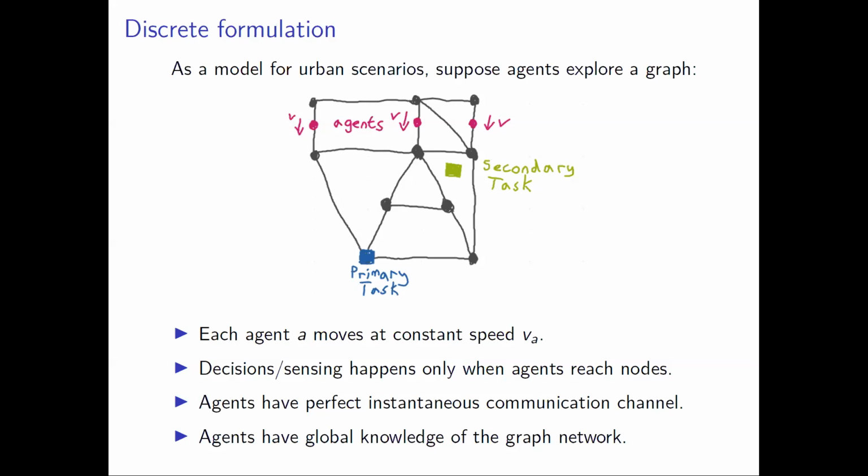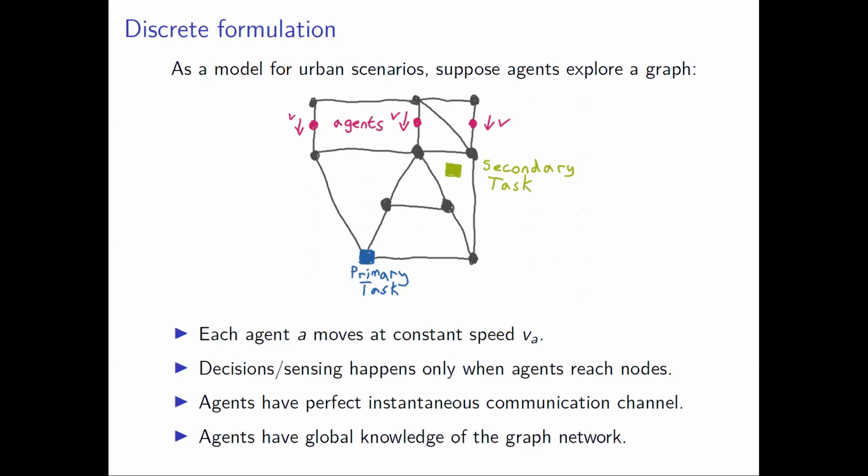The natural way to do that is to set it up so that everything happens when agents reach nodes. There's a finite time for an agent to traverse an edge, and all of the communication and sensing updates happen when agents arrive at nodes. So that was a convenient simplification, but one which can be relaxed as you go forward.